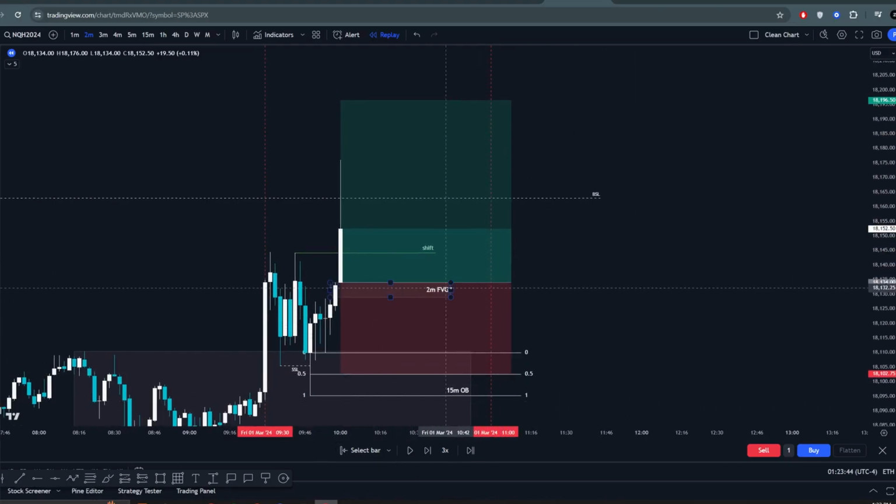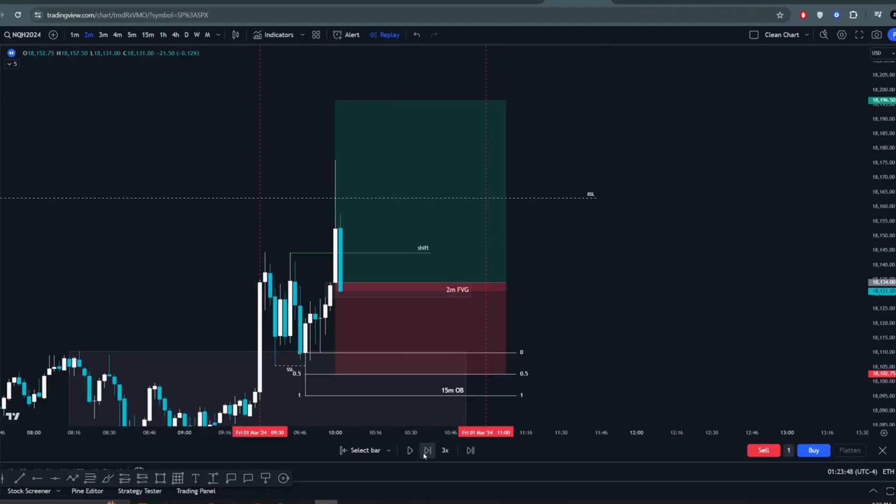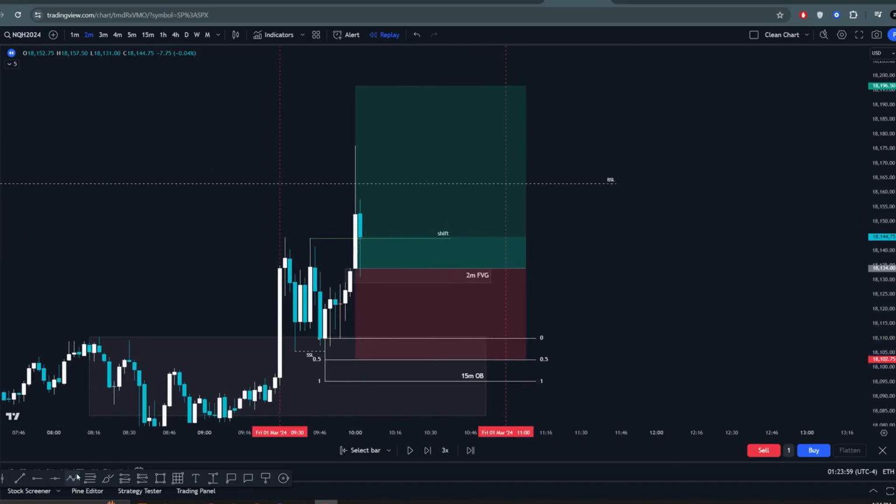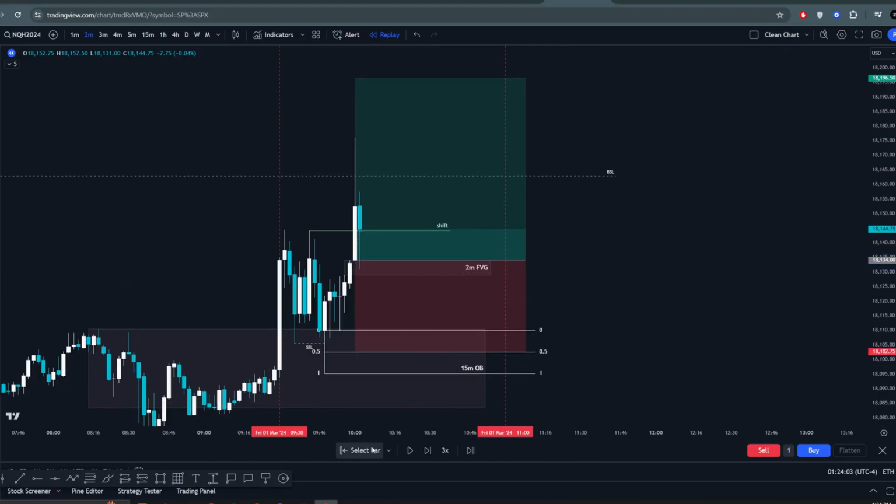Right, so we can enter in this fair value gap. Let's see what the price will do. And as we can see, price has respected this fair value gap beautifully and is now trying to go higher. You want to see price continue moving higher now, since we have already respected this fair value gap.